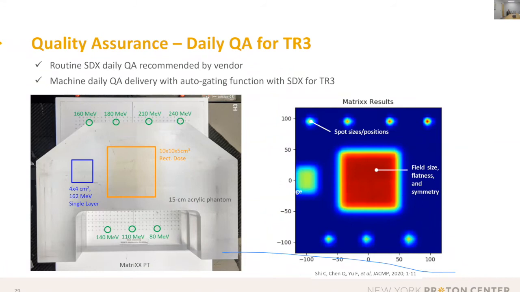We basically use the QA syringe and reach the gating window as indicated in the previous video, and then pause in the middle a couple of times to ensure this gating function is still working accurately.